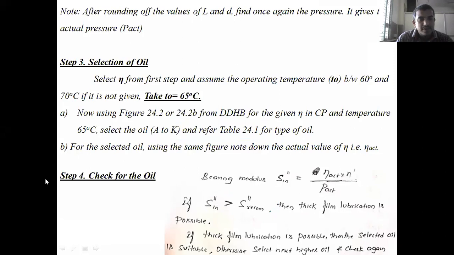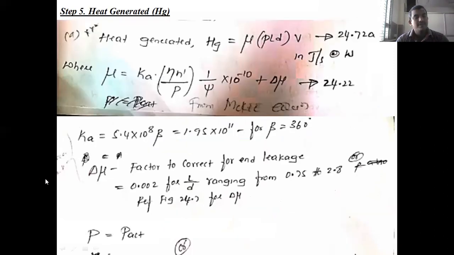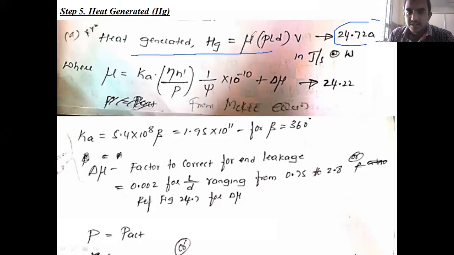Next, fifth step. Now heat is generated between the journal and the lubricating oil, and from the lubricating oil to the various surfaces. How much heat is generated? We determine the heat generated by using equation 24.72 A. In this, heat generated is equal to the coefficient of friction into bearing pressure, the length and diameter, and the velocity of the journal.